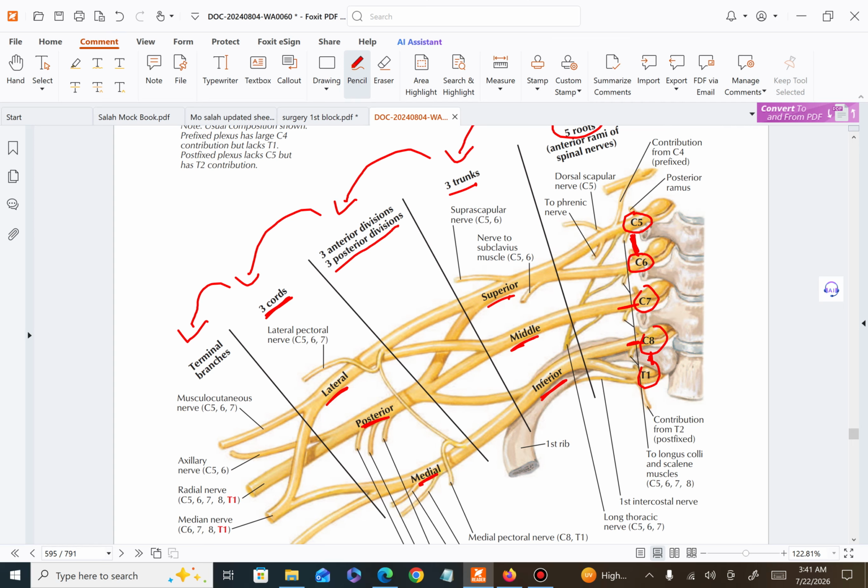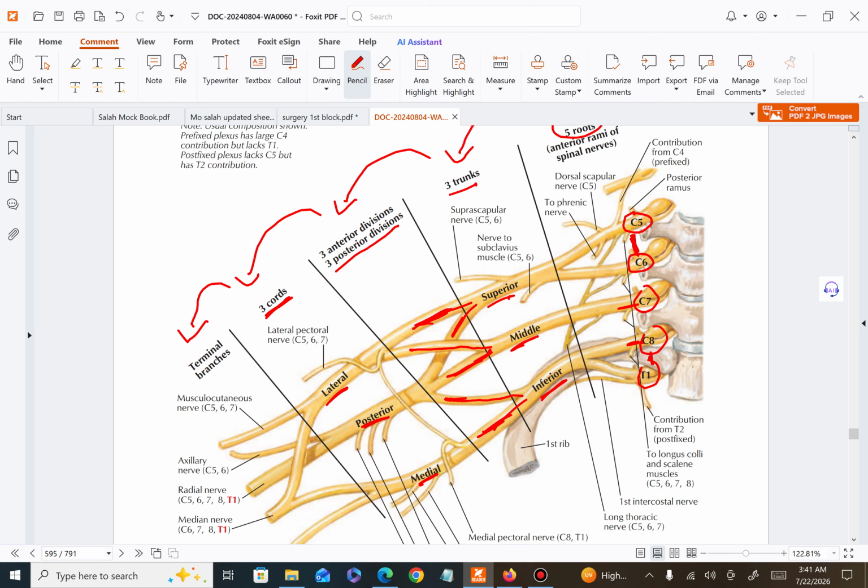Then the superior, middle, and inferior trunks each give an anterior and posterior division. The superior trunk has an anterior division and a posterior division. The middle trunk has an anterior division and a posterior division. The inferior trunk has a posterior division and an anterior division.